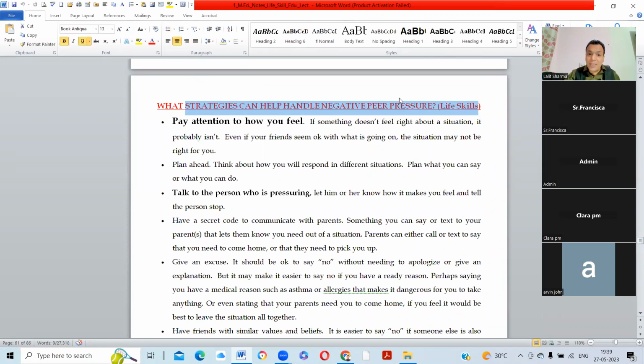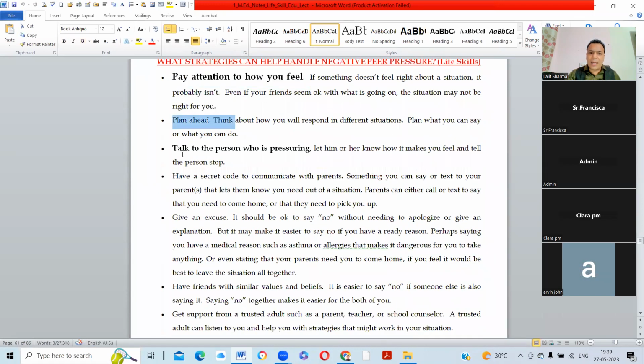So what should be done? Being teachers and parents, pay attention to how you feel. Plan ahead, talk to the person who is pressuring. In your class you should talk with your students. Sometimes don't take the class, don't teach, just discuss with the students what their problems are. You have to find the root cause of why the student is not taking interest and not learning, and talk properly.